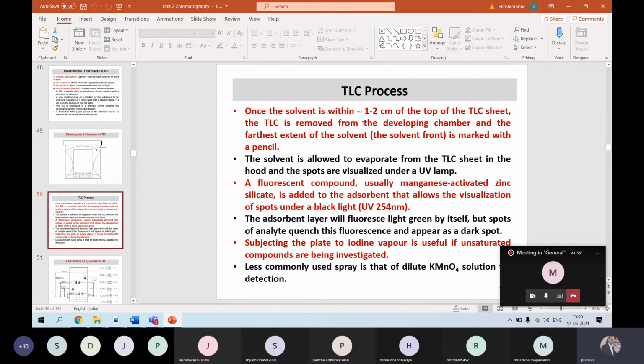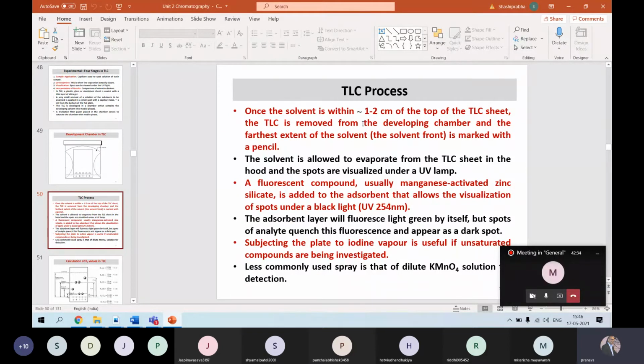And there are different ways in which you can visualize. One such way is to visualize under a UV lamp. Even simpler, which one can do in your lab, is by using vapor of iodine. You can have a beaker which has a few crystals of iodine, and because iodine sublimates, it directly gets converted into the vapor state.